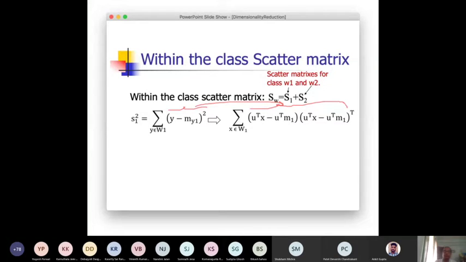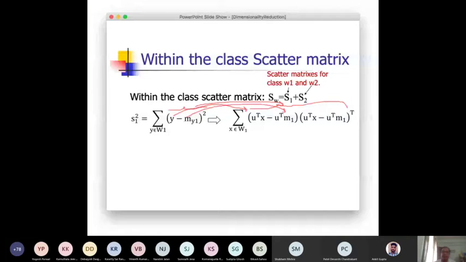Any doubt? y is nothing but the projection of x on u. That is the projected point. And the mean is also the projection of its mean in the input space. We have discussed these two properties, which can be very easily proved. So the projection of the mean is nothing but the mean of the projected set of points, right?